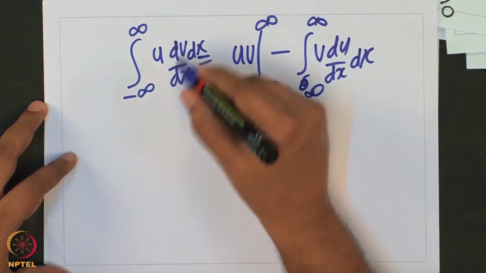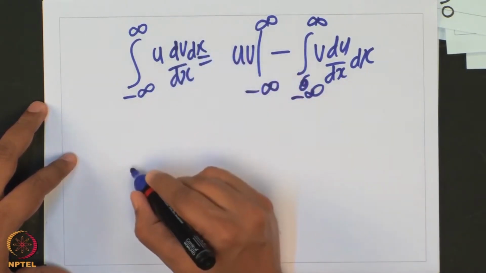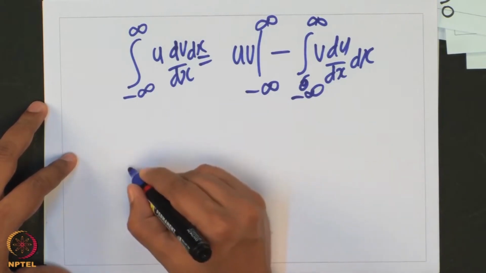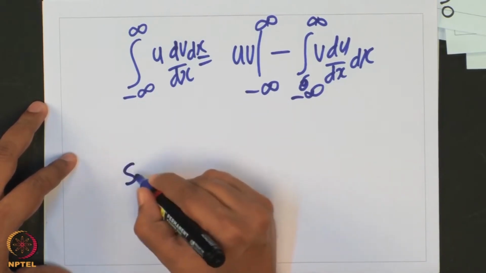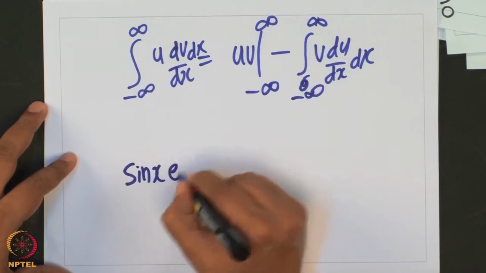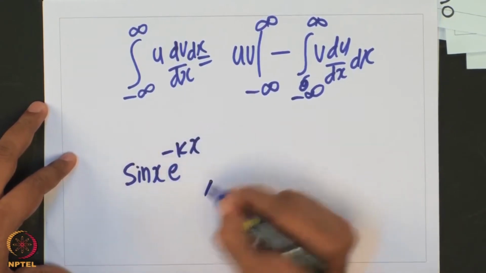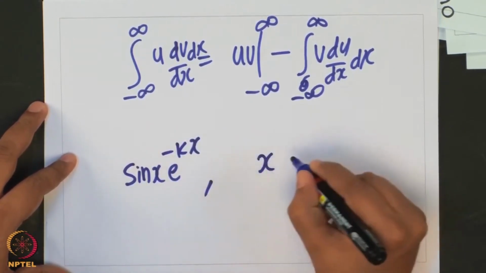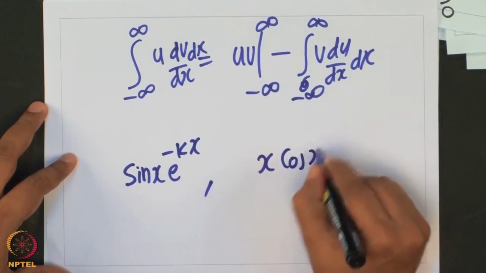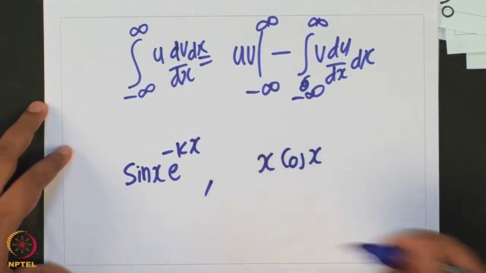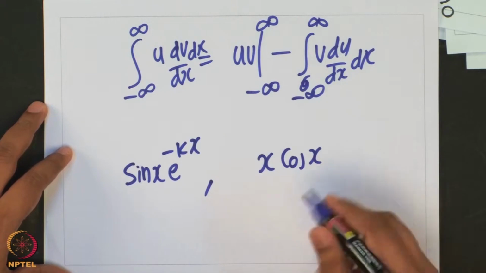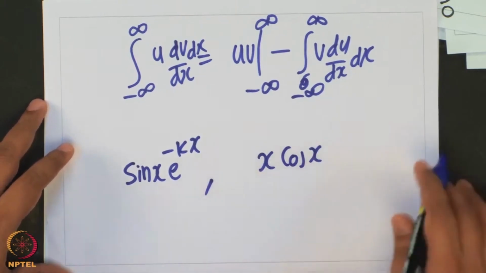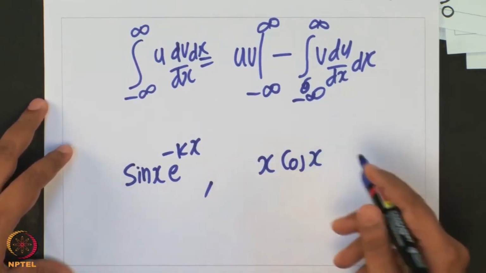So many times we would want to use these formulas, and there will be many examples whenever exponential functions come, or you could have sin x, cos x, or even functions like sin x e power minus kx, or x cos x. It doesn't matter, you would have many functions where you get the product of two functions and you would want to integrate this.